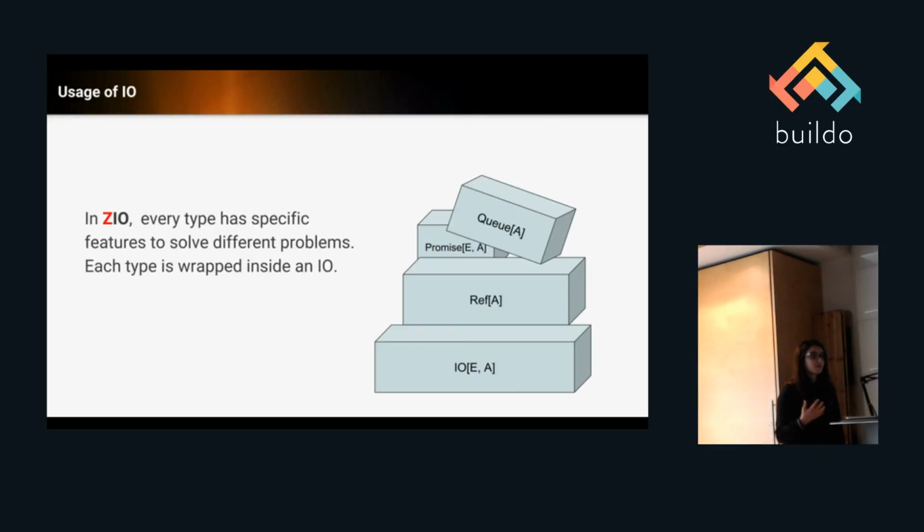So it's very important to understand the type IO, because every type built in ZIO will return an IO. Like Queue, every function in Queue will provide an IO value.